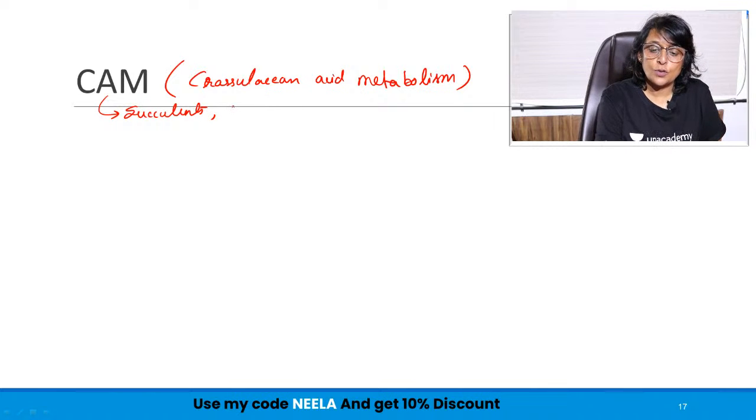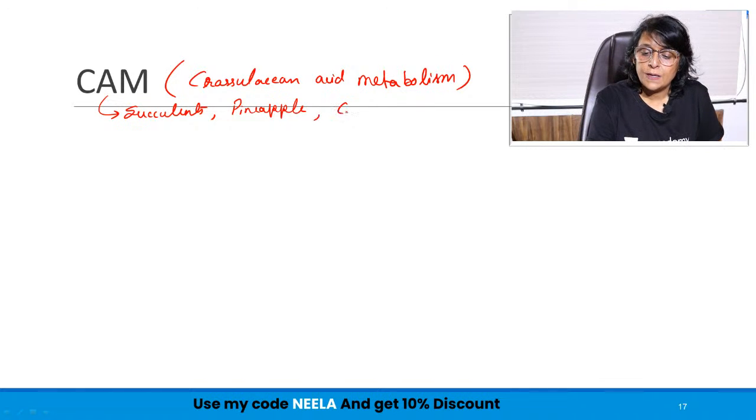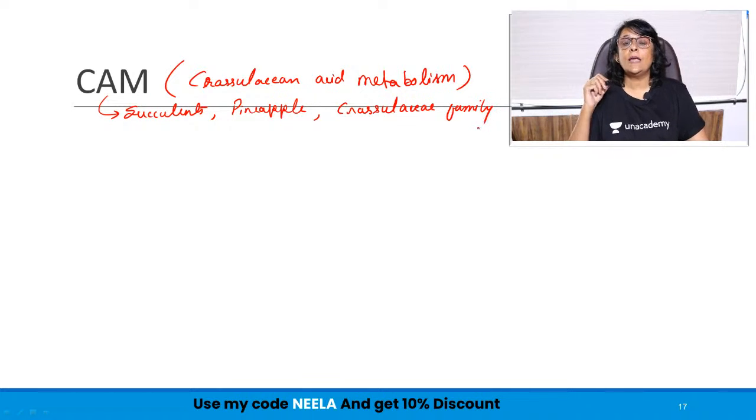It is also seen in pineapple, and it is also seen in the members of the Crassulaceae family. And that is how the name Crassulacean acid metabolism.